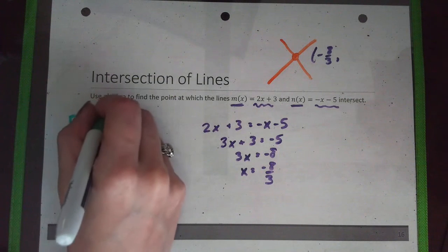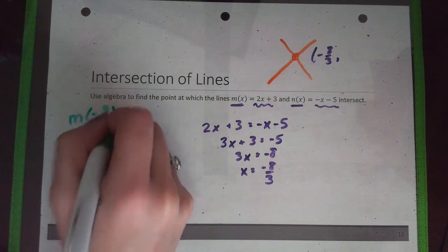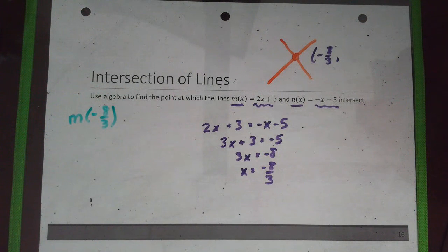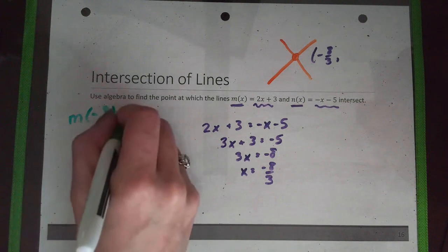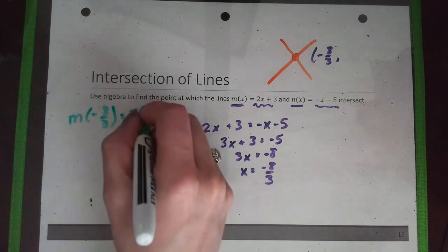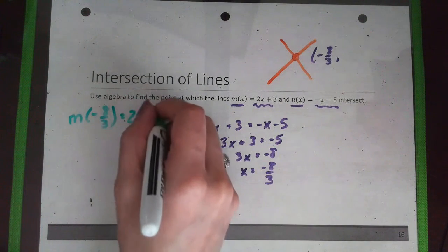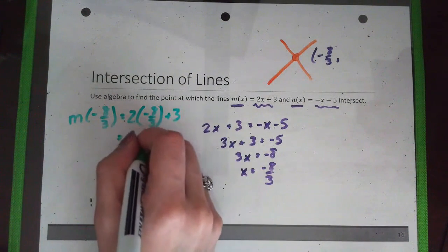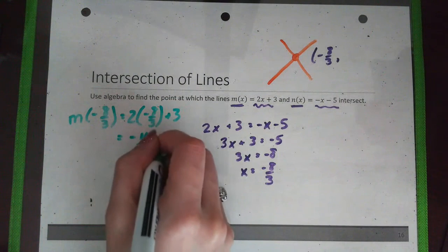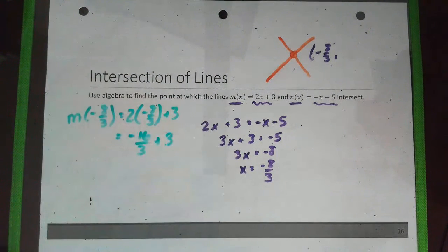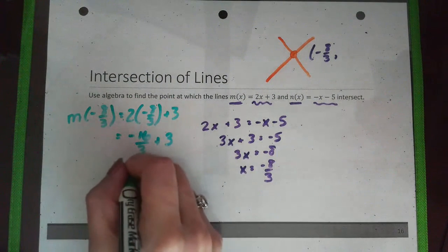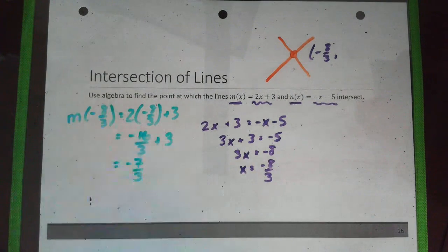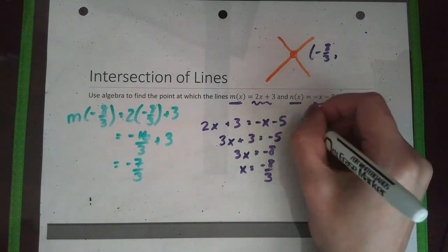So if I plug in -8/3 into my function m, then m of -8/3 is equal to 2 times -8/3 plus 3. And that is -16/3 plus 3, which gives me -7/3. Let's check to make sure we get the same thing for n of x.